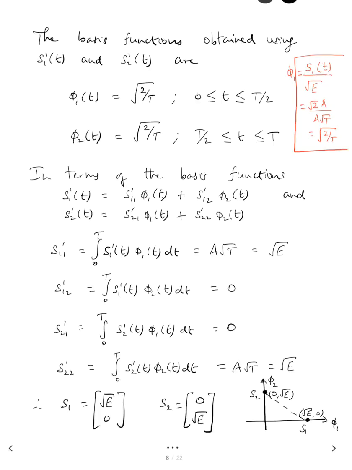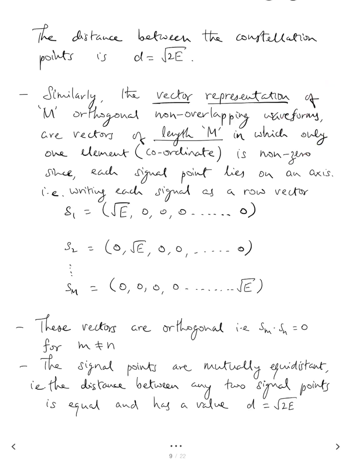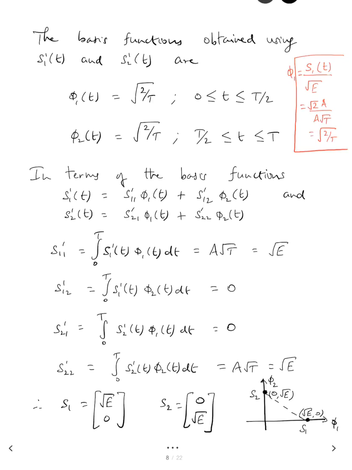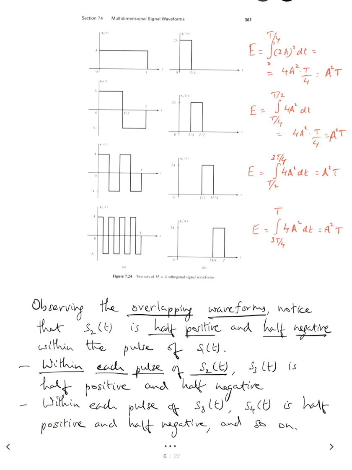In the binary case, the signal amplitude is A root 2 divided by the norm, which is the square root of energy, A root T. In the case of M equal to 4, the value of each signal is A root 4, which is 2A.